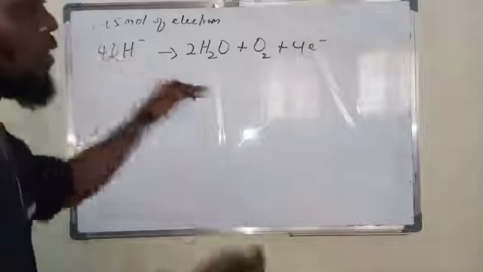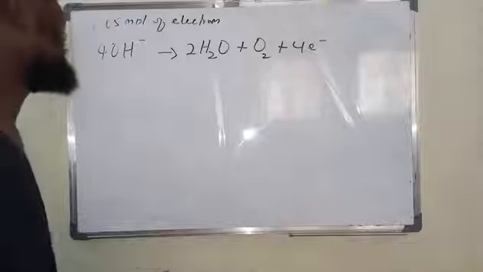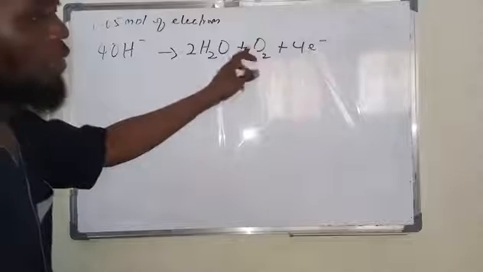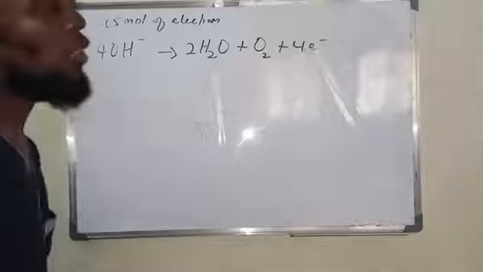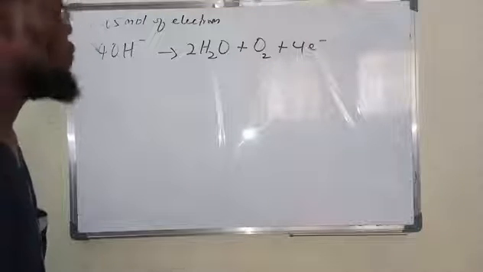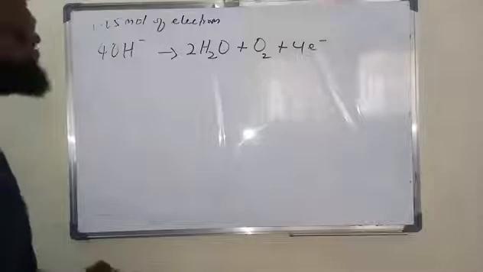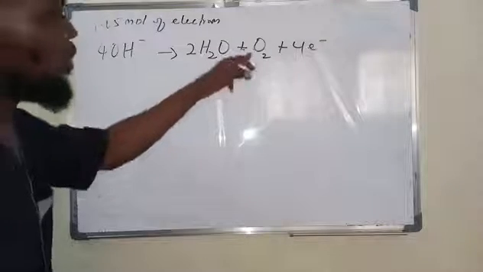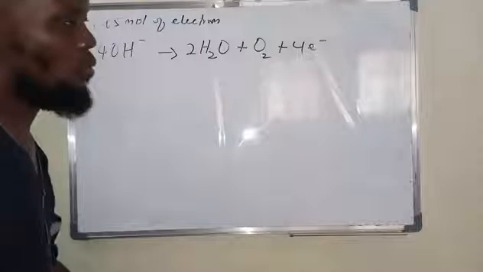From this stoichiometric equation, it is clear to us that to produce 1 mole of oxygen gas, we need 4 moles of electrons. But the question is actually asking, what is the volume of oxygen which 0.05 mole of electrons will produce?